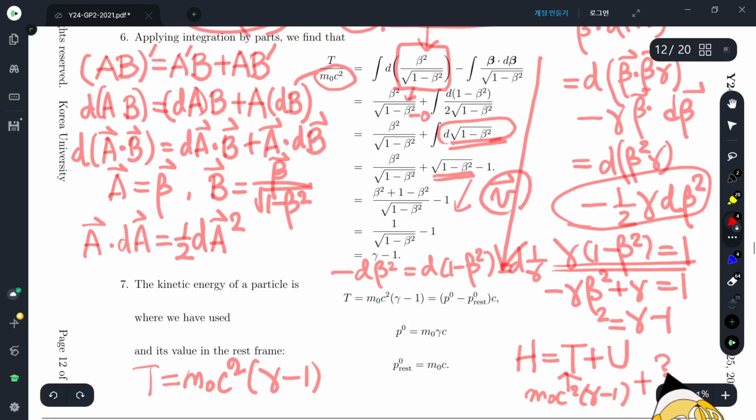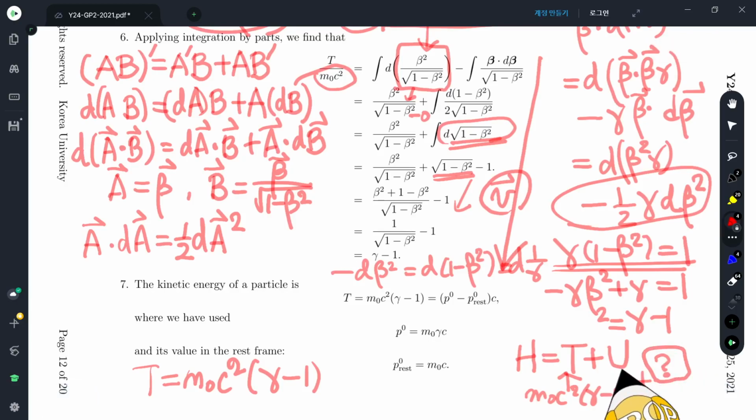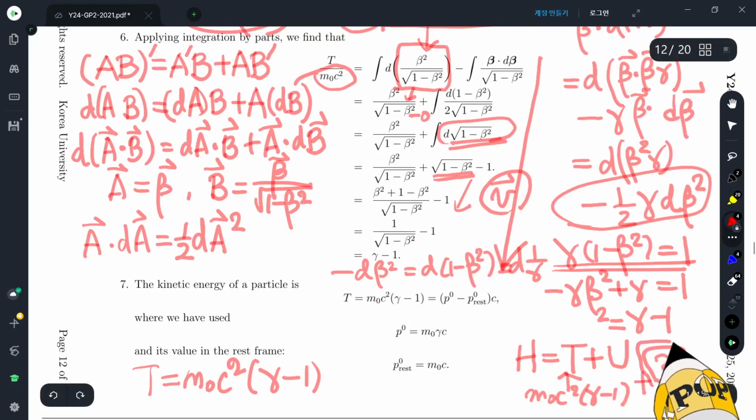I don't have to worry about the constant value, because potential energy is determined only up to a constant. The functional dependence is what contributes to the actual force, but I don't have to worry about the constant addition of the potential energy.